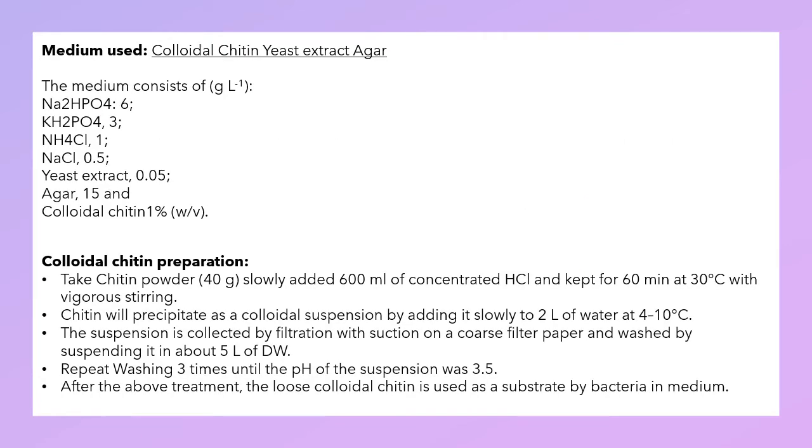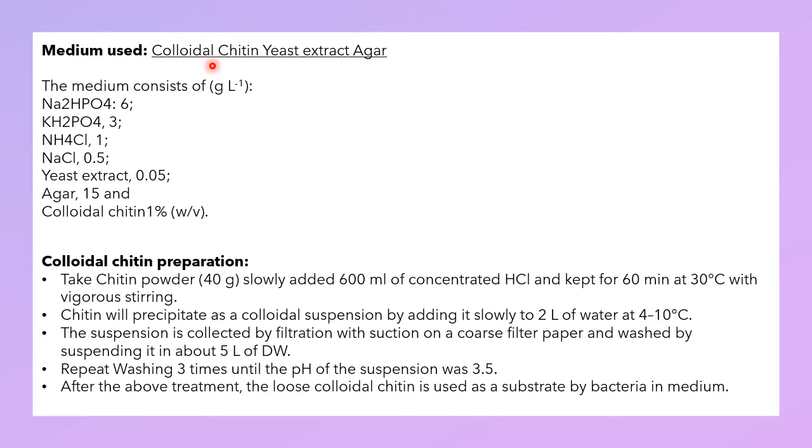Now we will see what kind of media is used. As we are dealing here with chitin degrading bacteria, the bacteria should have chitin as a substrate to be degraded, so the medium should have chitin present in it. There are two types of chitin which you can use. The first is colloidal chitin and the other is chitin flakes.